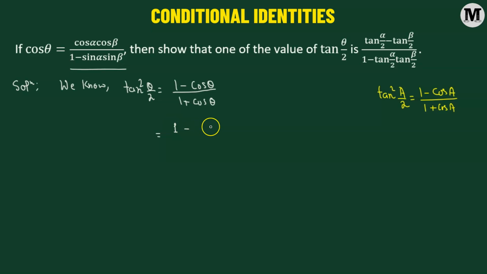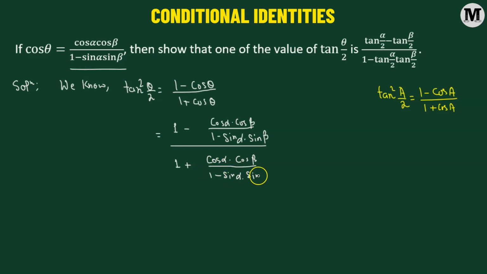So we get 1 minus cosine alpha times cosine beta divided by 1 minus sine alpha times sine beta. Then in the denominator we have 1 added to cosine alpha times cosine beta divided by 1 minus sine alpha times sine beta.